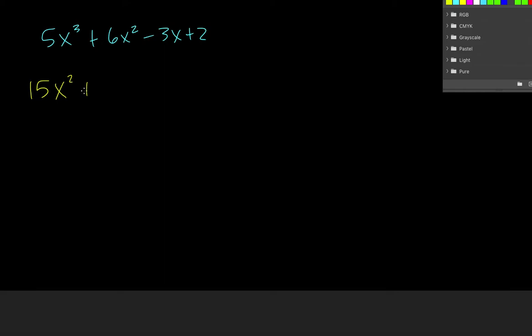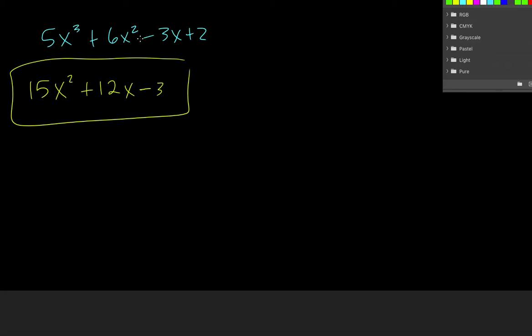Bring this down, 2 times 6 is 12, and then reduce that by 1, so it's just x. This is a 1, bring it down, so negative 3. Then the x would be x to the 0, or it goes away. And then remember the derivative of a constant is 0, and so we don't need to do anything with the 2. And so that is the derivative of the blue thing.